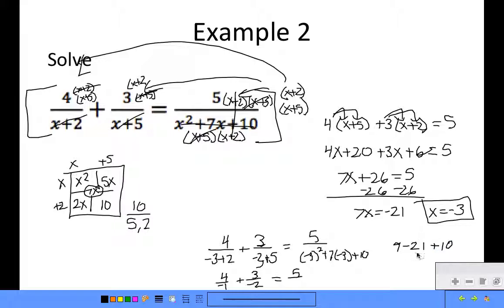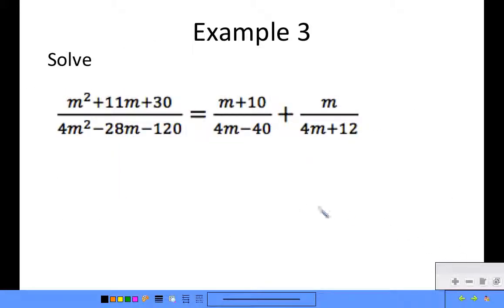So we have negative 12 plus 10. So we have negative 2. And let's see, this would be negative 4 minus, oh, this is positive 2, so plus 1.5. Does that equal negative 2.5? And it does.